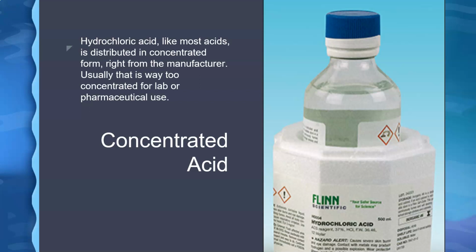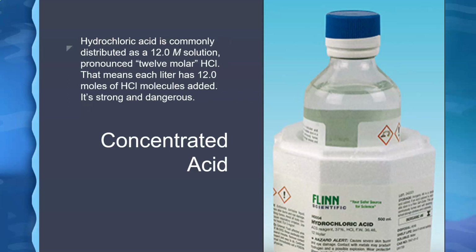And usually that concentrated form is the most effective for shipping because water is heavy. So the less water I have in my solution, the more effective it is to ship because I'm getting more of my actual active ingredient.